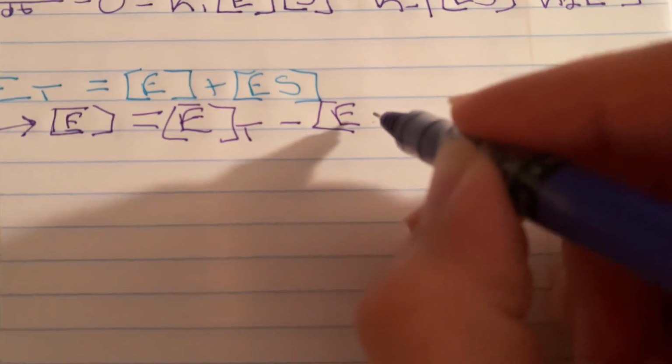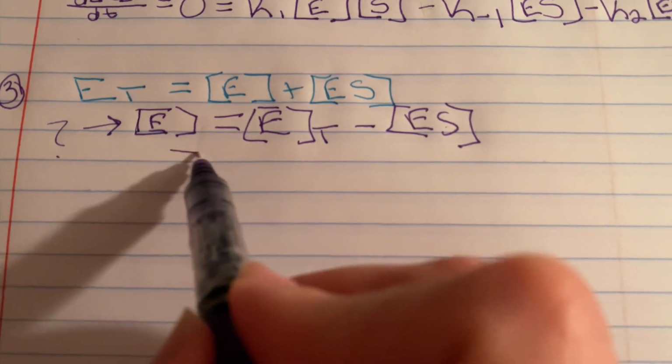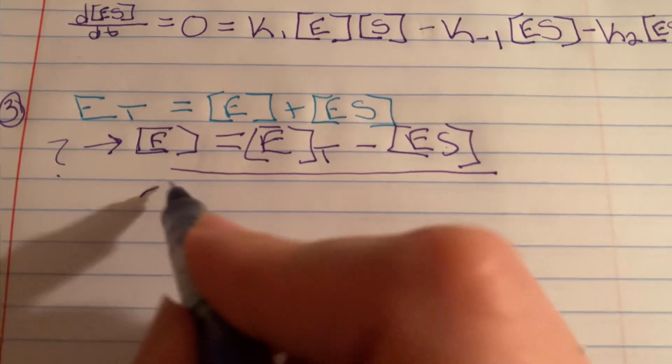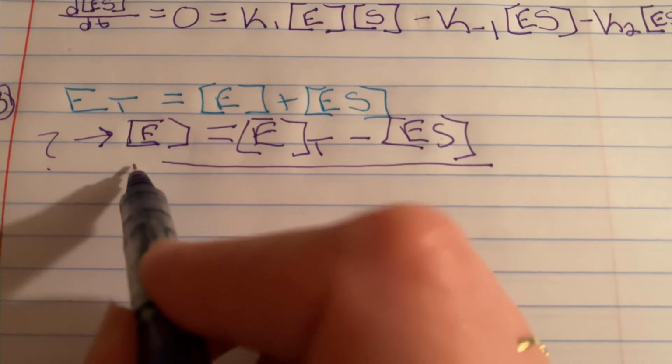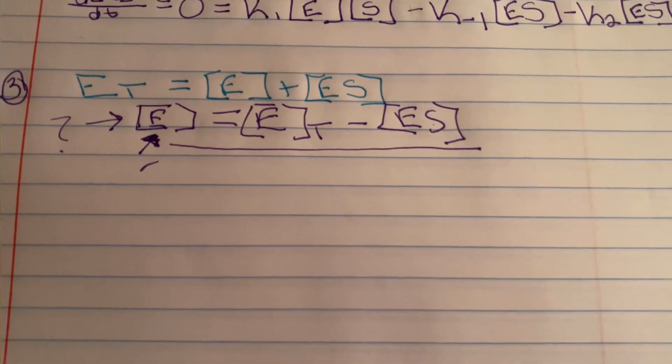Right, so E sub t minus ES, this is going to give us the value of the unbound enzyme.